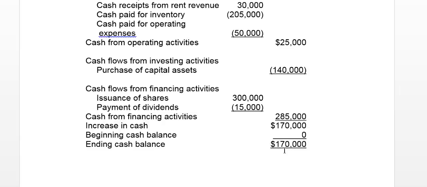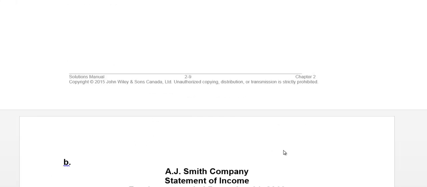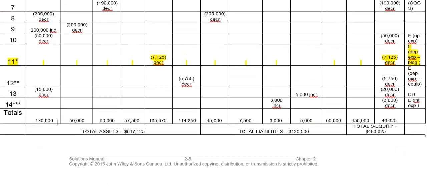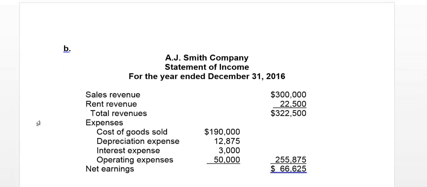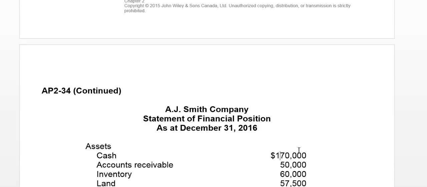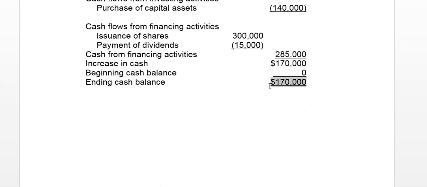Why should it be? Go back to your template. Again, the advantage of summing all the columns. Because you already knew that you should have 170,000 in cash, even in your ending cash flow line, because that's the ending balance. So you can also use this as a check to determine not just how much cash goes on the balance sheet here, but also to determine what your ending cash balance is.